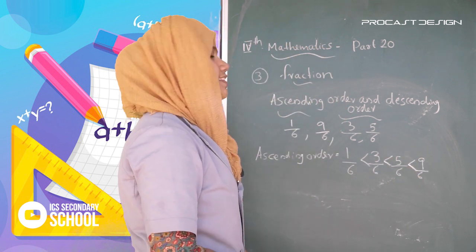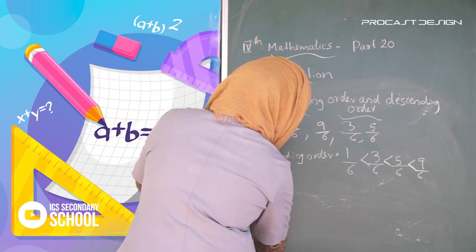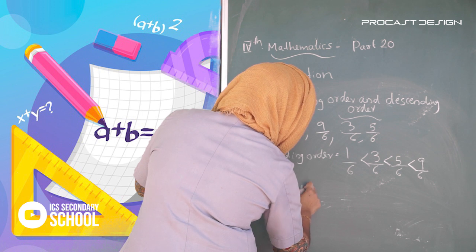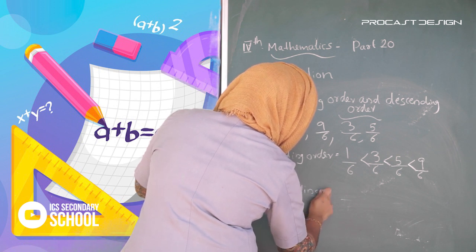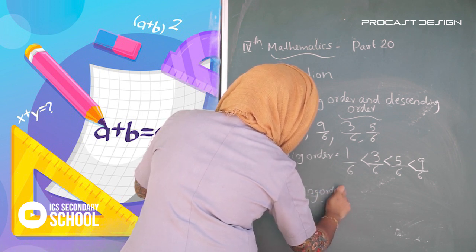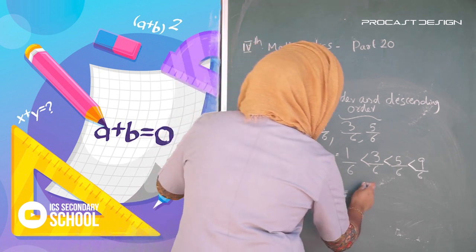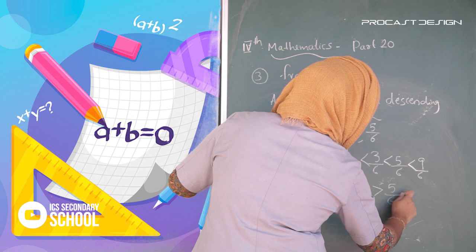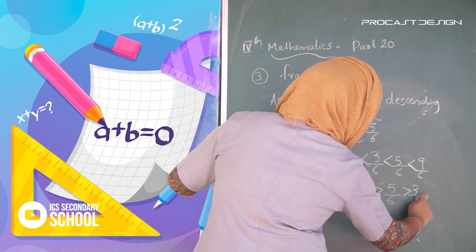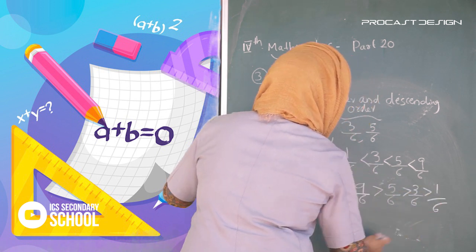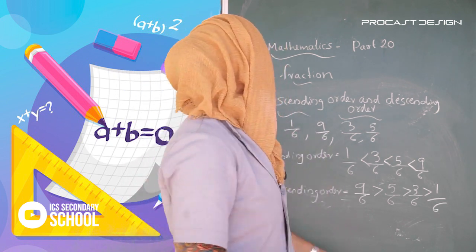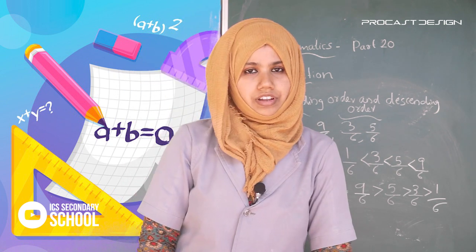Okay, ascending order, and descending order is the reverse. This is ascending and descending order of like fractions.